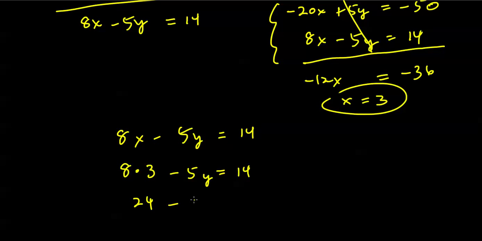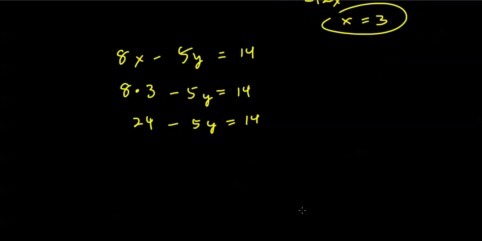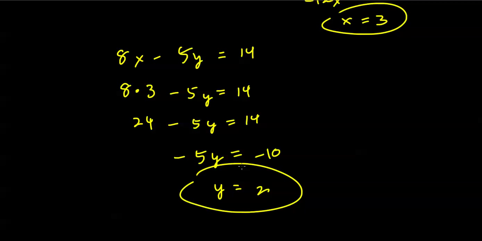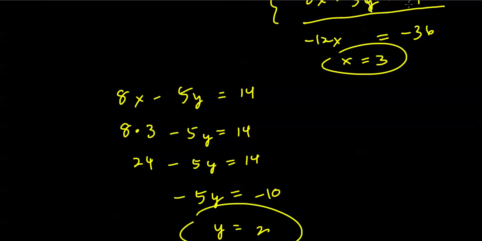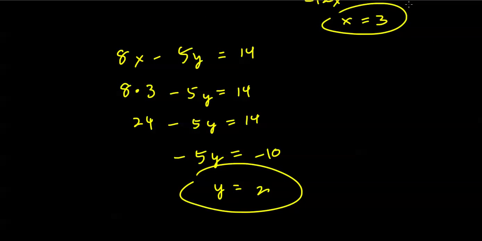I'll get 24 minus 5y equals 14. If I subtract 24 from both sides, I'll get minus 5y equals negative 10, and y then equals a positive 2. Alright, so I have solved this 2 by 2 for x and y. So x is 3 and y is 2.